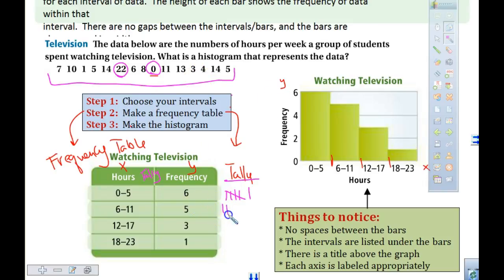This would have been telling us, if I was going through the data, I had a 7, I had the 10 was in here, all of those numbers. This was telling me that I had 3 and 1, right? So that if I go through here, I'm putting these tallies first. Usually after every 4, we put a line across to show 5 of them, right? And then we write our frequencies.